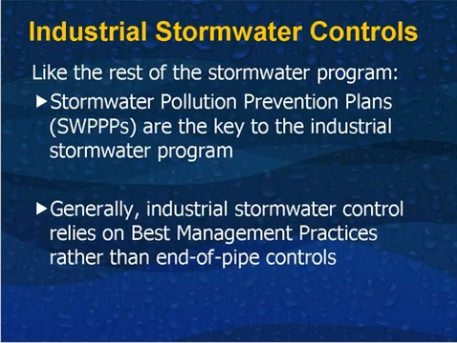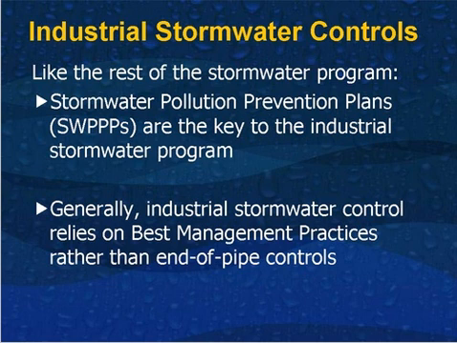John, it might be interesting to note for people, unlike construction, on those technology-based requirements for industrial, there are actually effluent guidelines in place, and an effluent guideline is a national regulation that covers an industry category. And so there are quite a number of effluent guidelines that apply to the industrial stormwater program.